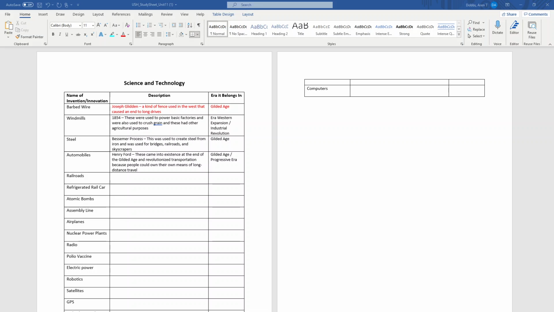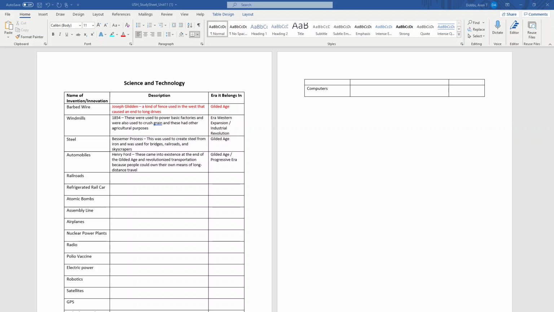Next one we have is railroads. While railroads came into existence a lot earlier, especially commercial railroads, the mass popularization of the railroads came to prominence during the era of Western expansion.